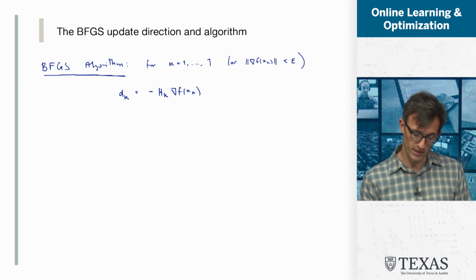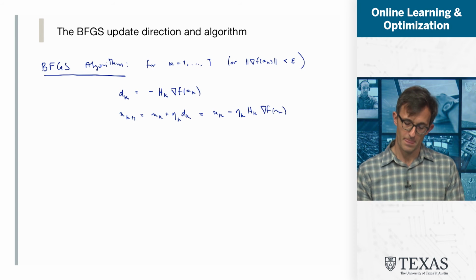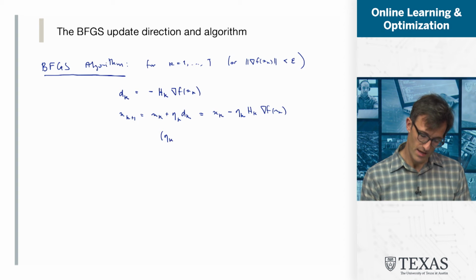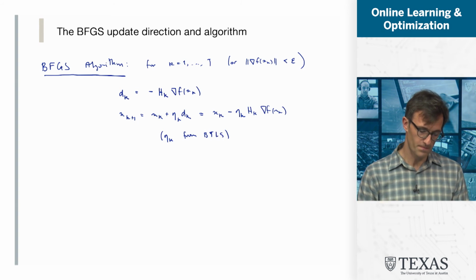Now with dk in place, we can update xk plus 1 is equal to xk plus alpha k dk. Alpha k is going to be chosen by backtracking line search. Writing this out, this is equal to xk minus eta k Hk gradient of f of xk, and eta k is chosen from a backtracking line search.